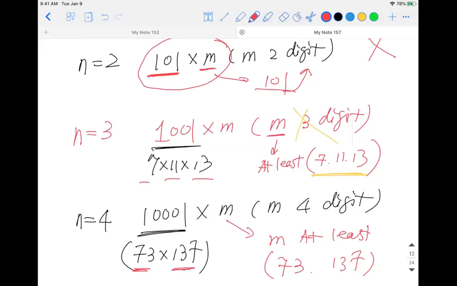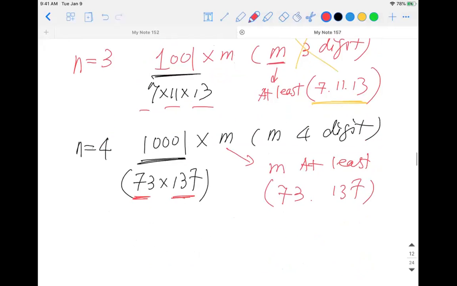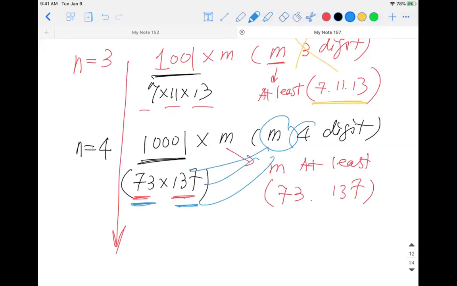Okay, up to here, you can save our time. This is going to be impossible. You keep writing, everything you're going to have here is going to be a multiple of prime numbers, and m must have all those factors. So m cannot be those four-digit or three-digit numbers, and so on and so forth. At least m must contain all the factors of the first expression. Is that right? You guys follow me?